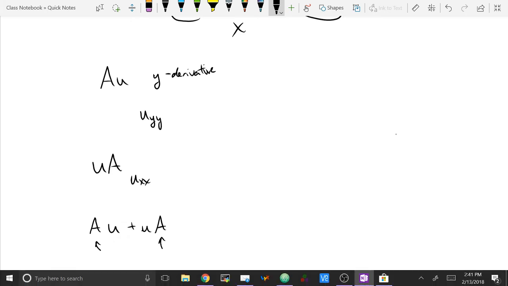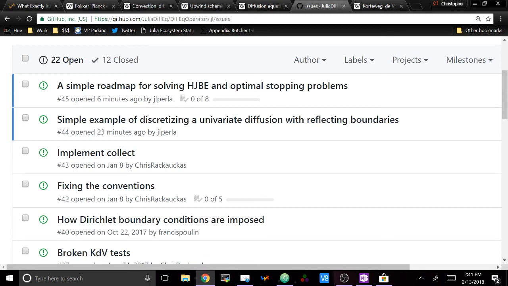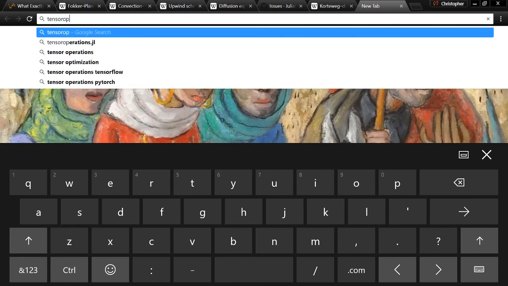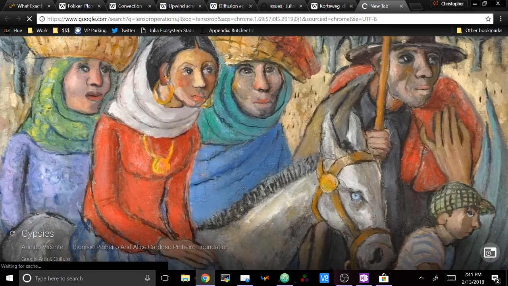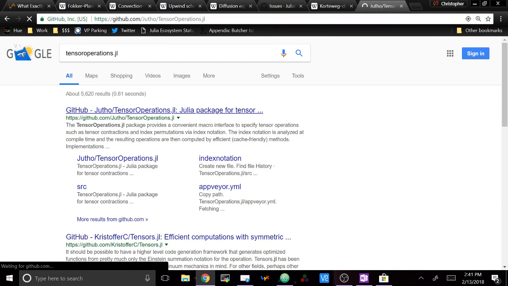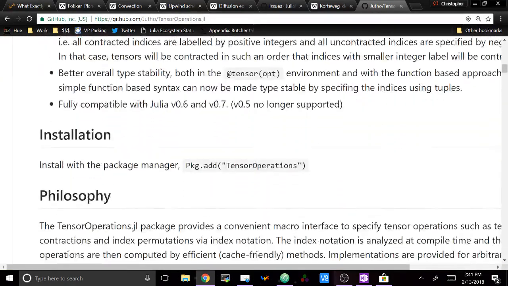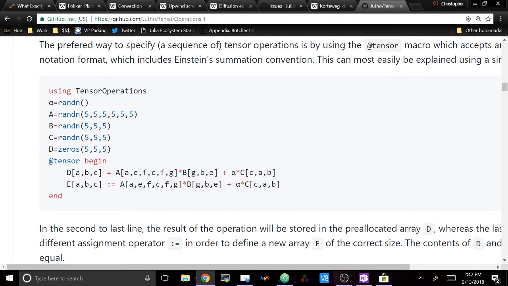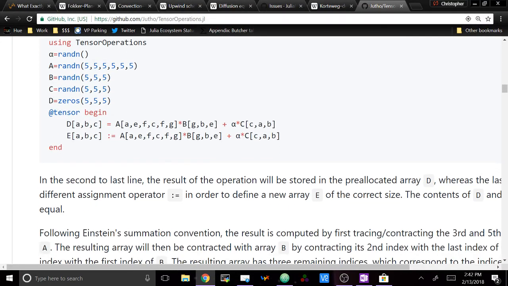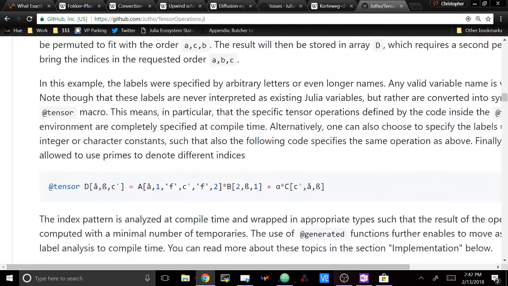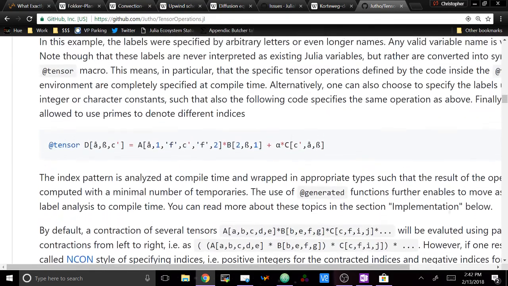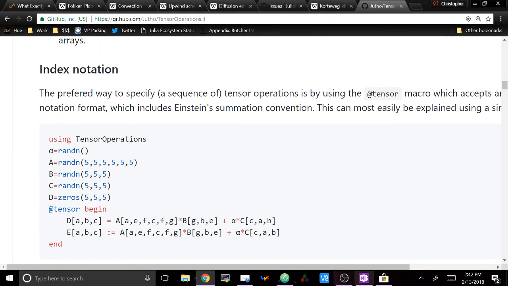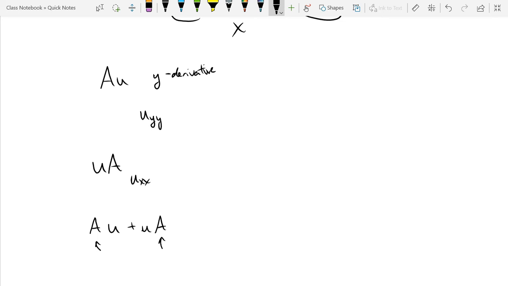In a similar way, if you use something like TensorOperations.jl, the same idea extends to higher dimensions as long as you define a way of multiplying by the tensor. So if we want to do 3D, we need to come up with these tensor operations such that we can apply the operator along different slices.